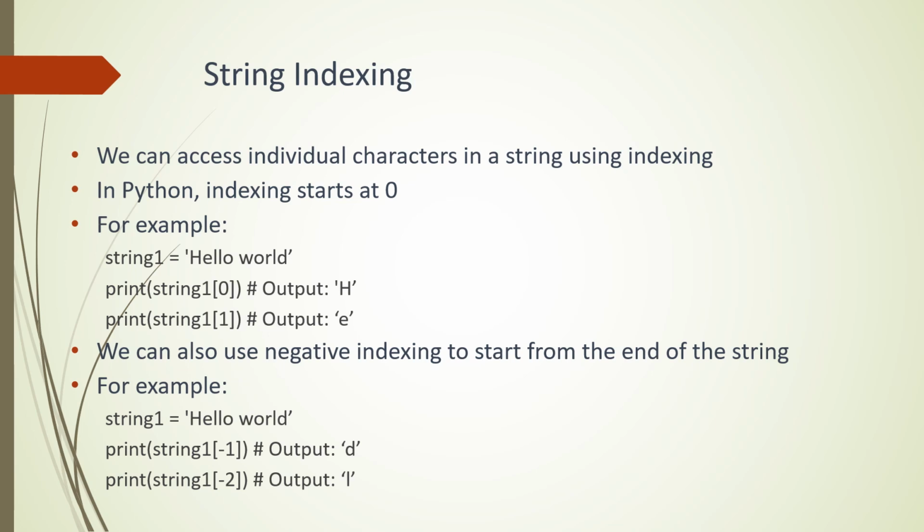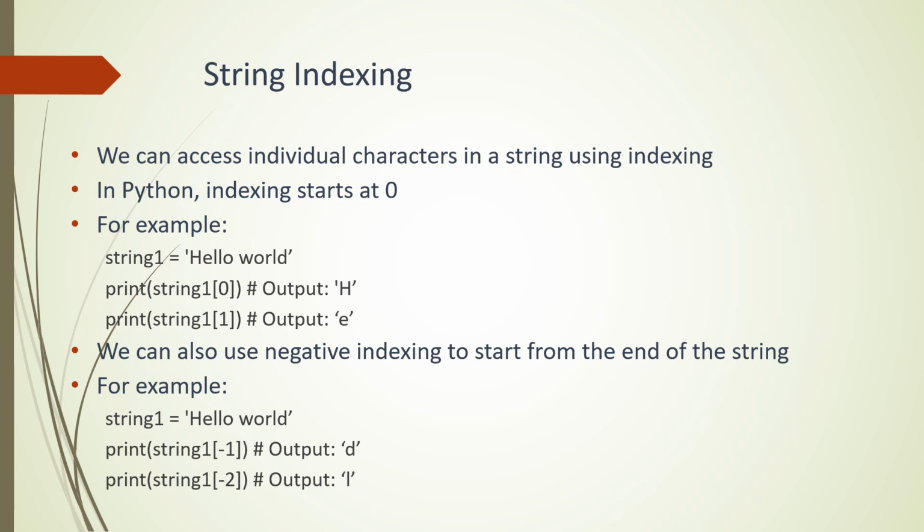In Python, we can access individual characters in a string using indexing. Indexing allows us to retrieve a specific character from a string based on its position in the string. In Python, indexing starts at 0, meaning that the first character in the string has an index 0, the second character has an index 1, and so on.